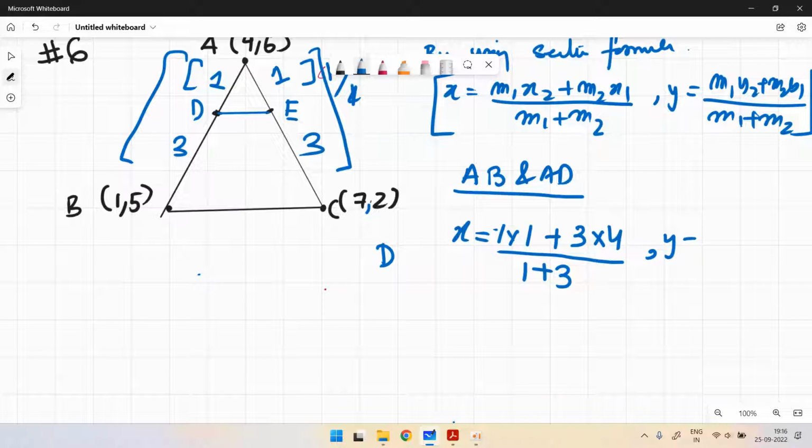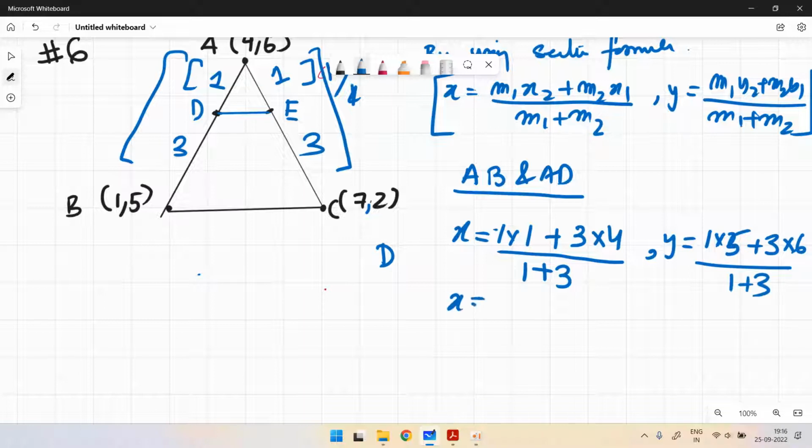Y comma y is nothing but m1 y2. M1 is 1 into y2 is 5. Sorry, y2 is 5. M1 is 1, y2 is 5 plus 3 y1, y1 is 6, by 1 plus 3.